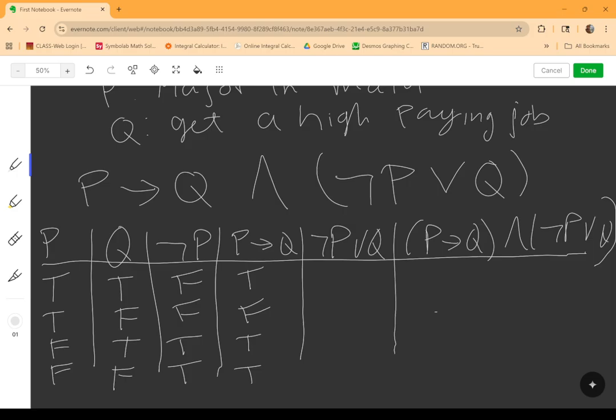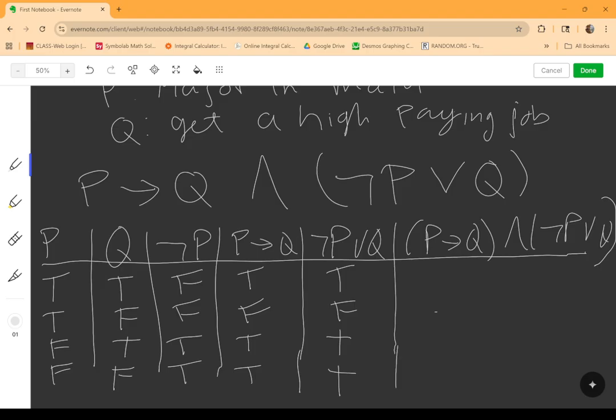All right, now let's move on to the next one, not P or Q. One of those two, not P or Q, has to be true. Looking again at the columns with Q and not P, that happens everywhere except when Q is false and not P is false. So we have true, false, true, true.